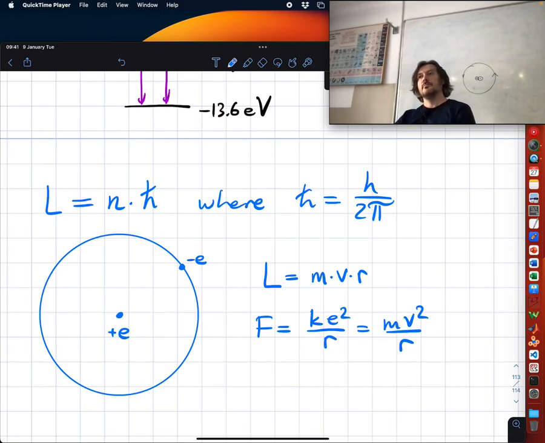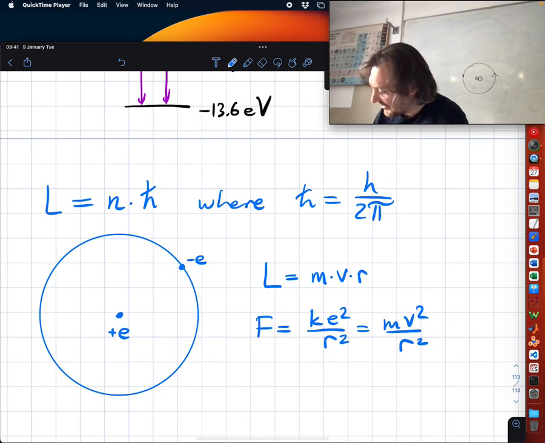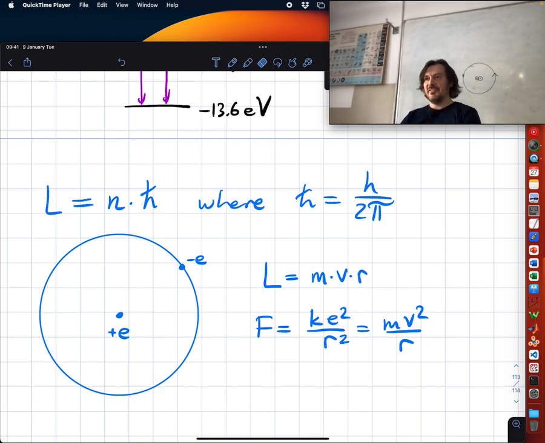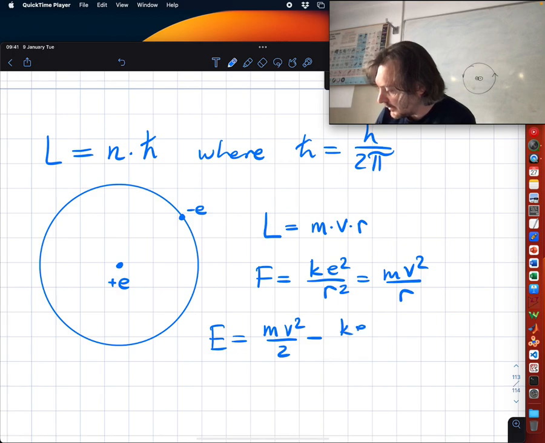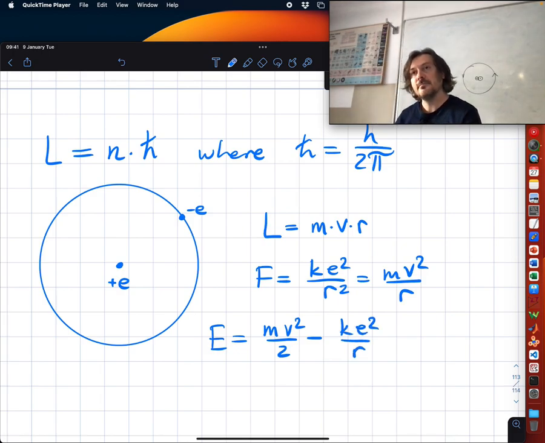It's also equal to the interaction. This is correct, right? How about energy? The energy of this system is m v squared over 2 minus k e squared over r. Do you agree?